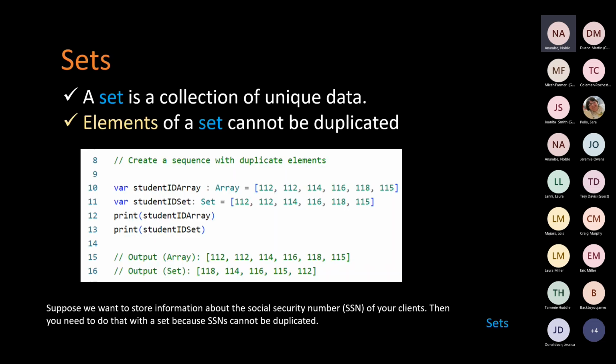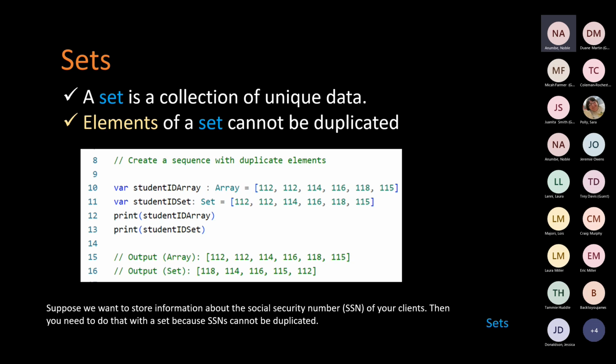Excuse me. So, and then we talk about sets. Sets, right, are literally like arrays. In almost every way, they are arrays. The only difference is some of the things I mentioned. A set is a collection of unique data, same thing as arrays. The only main difference is that elements of a set cannot be duplicated.